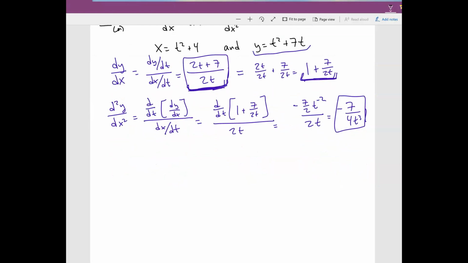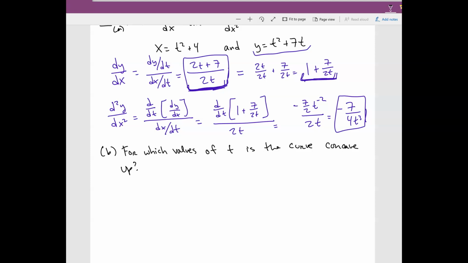So for part B, what we want to find is for which values of t the curve is concave up. For this next problem, we have to use the second derivative.